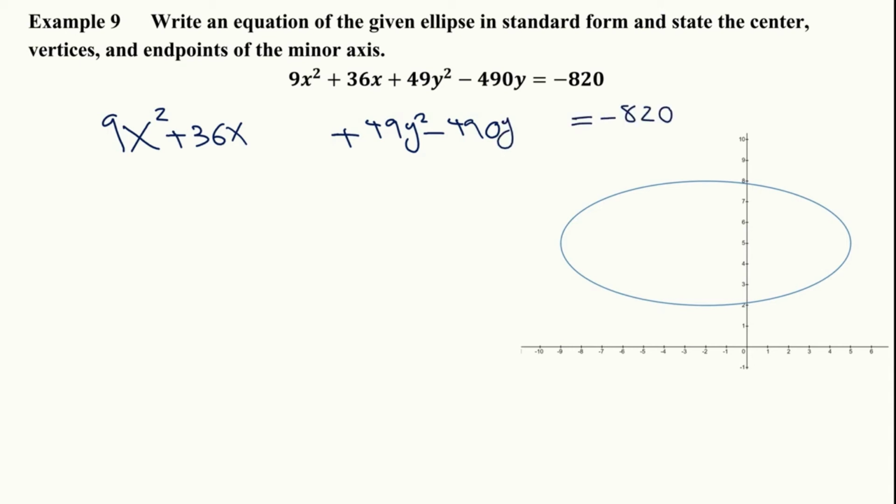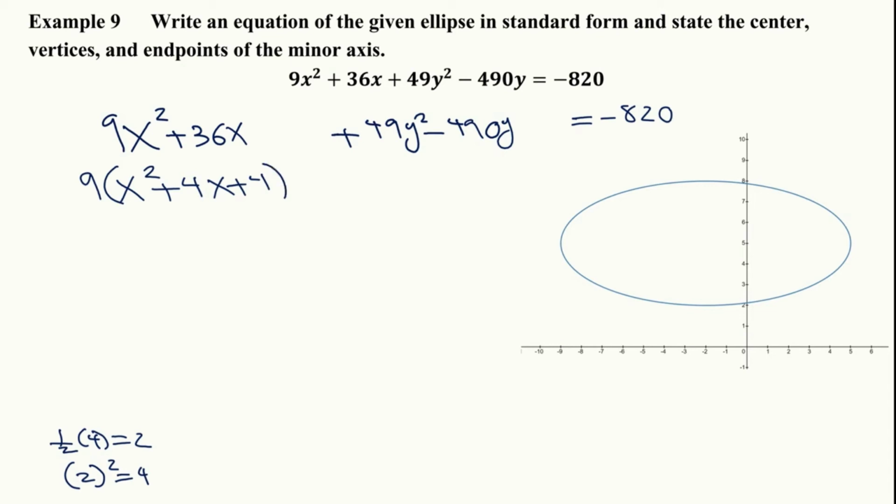Now, notice that if I go ahead and take out a 9 from those two, I'm left with x squared plus 4x, right? I need to take 1/2 of 4, which is 2, and then square it to complete the square, right?